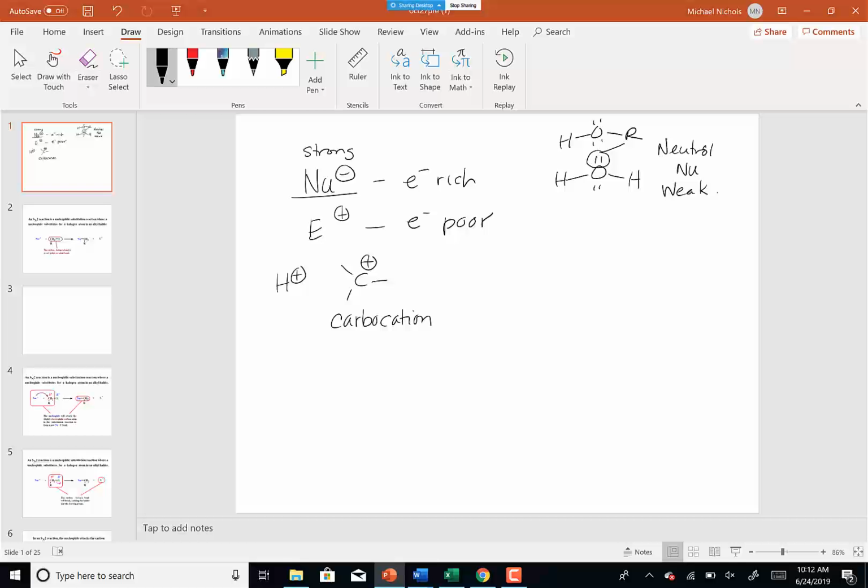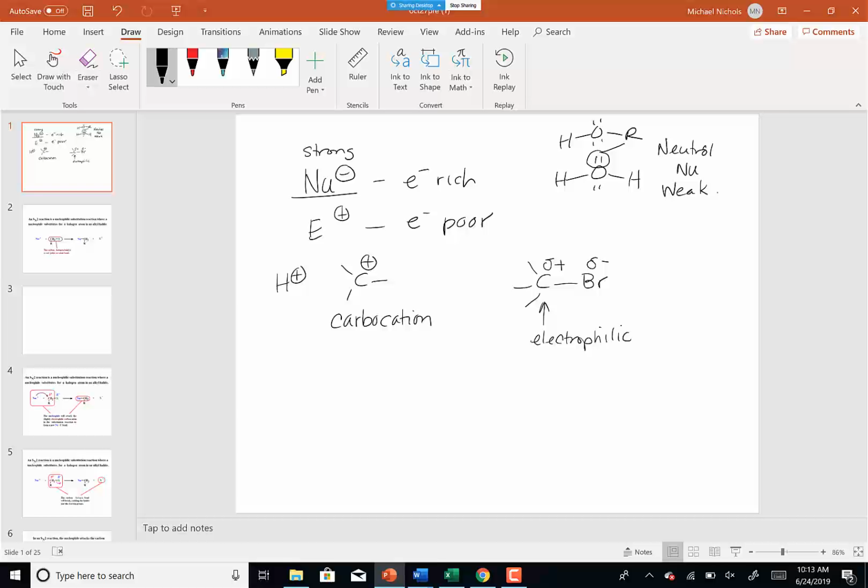Other things that are neutral but still electrophiles would be if I took a carbon and attached it to a halogen like Br. The Br would be slightly negative and the carbon would be slightly positive. So this would still be an electrophilic carbon because it is electron poor, but it doesn't have a full-blown positive charge.